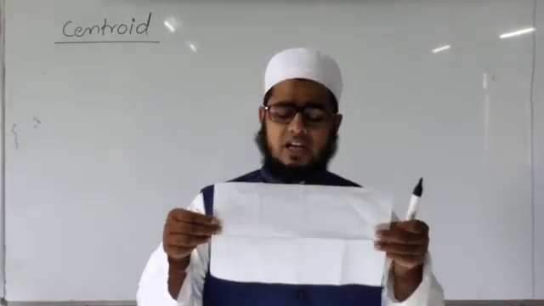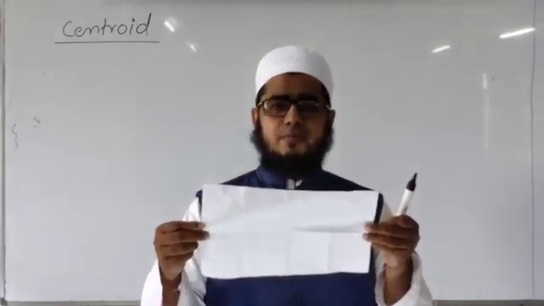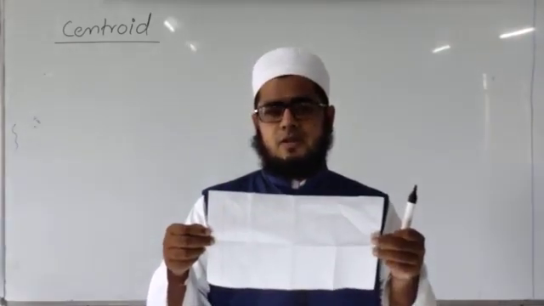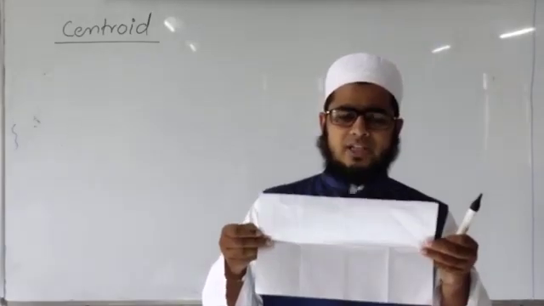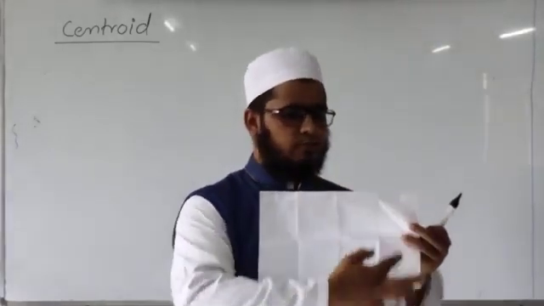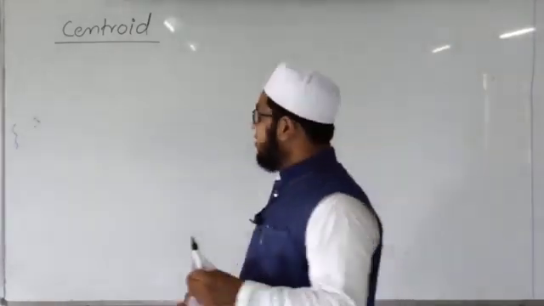That's why we are not considering the thickness. We will consider this piece of paper as a two-dimensional object. Whenever the object is two-dimensional, it has the area, which is most important, which we have to consider.